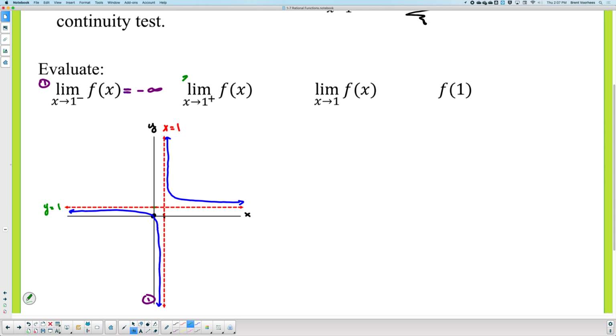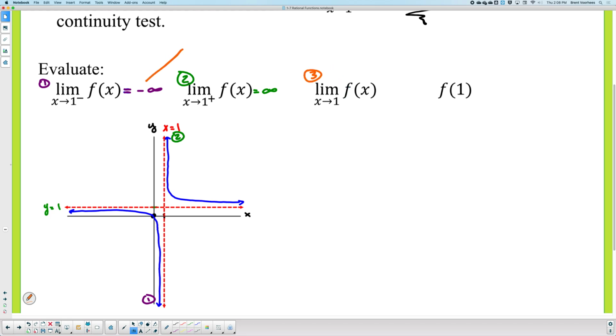Now limit 2. This says 1 plus. That means just to the right of 1, or you could think of it as approaching from the right. As the graph gets closer and closer to 1 from the right side, do we rise or fall? We rise. What symbol means rise? Infinity. So I'll put a 2 here. Now the third limit compares the first 2.